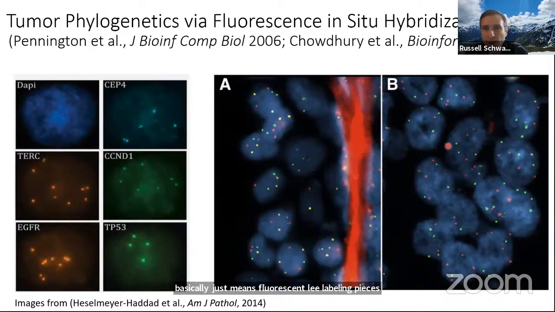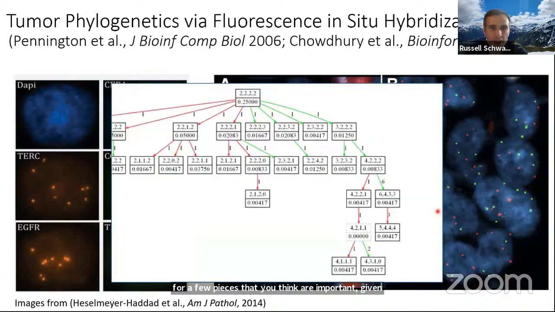This turns out to be a useful thing to do in cancer studies, because one of the ways, maybe the main way, cancers adapt selectively is by gaining or losing copies of pieces of their genomes. FISH gives you a way of profiling this for a few pieces that you think are important, giving you markers that you can use to do phylogenetic studies, build evolutionary trees of cancer cells, and start to be able to tell these stories of how single tumors are evolving.